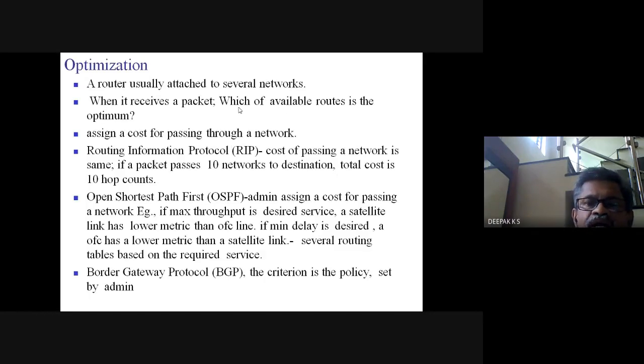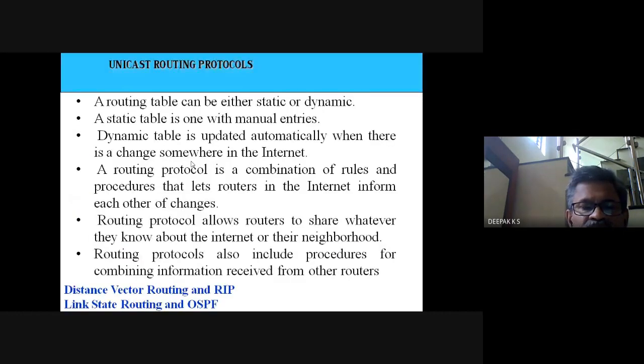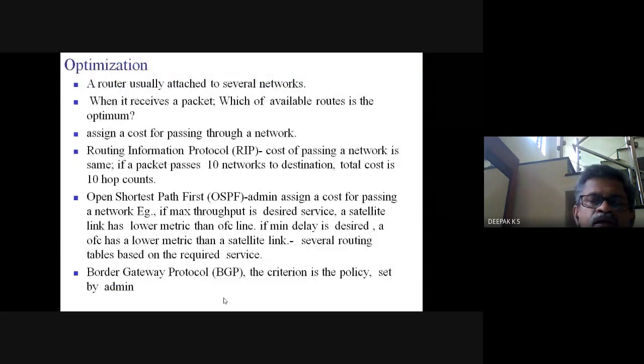So RIP, the full form I had written, is Routing Information Protocol. That is a distance vector protocol, based on the Bellman-Ford algorithm. In Routing Information Protocol, the cost of passing a network is the same.